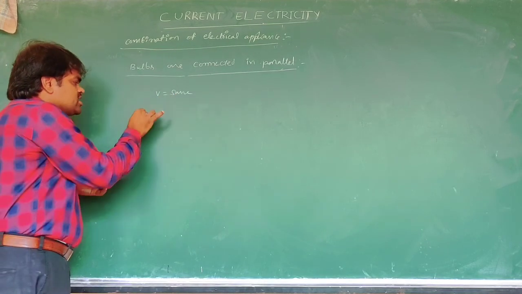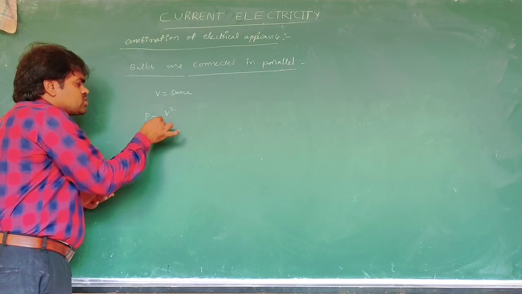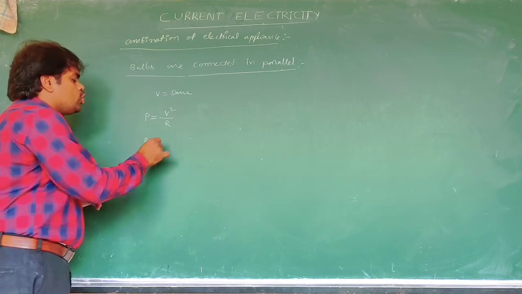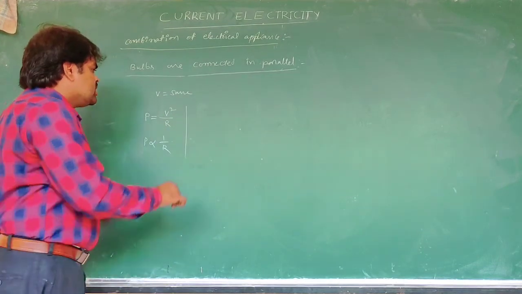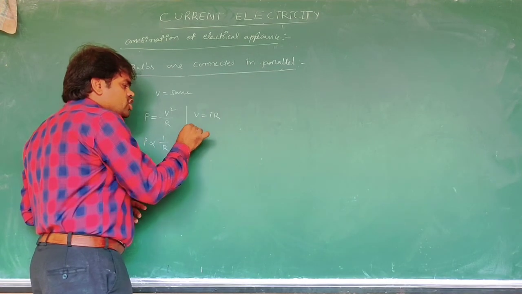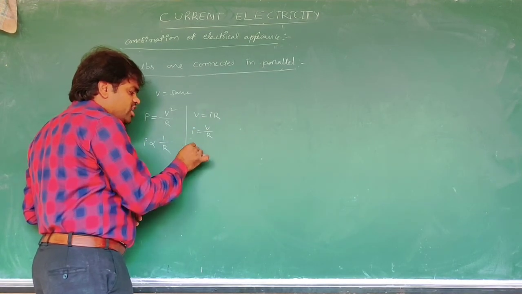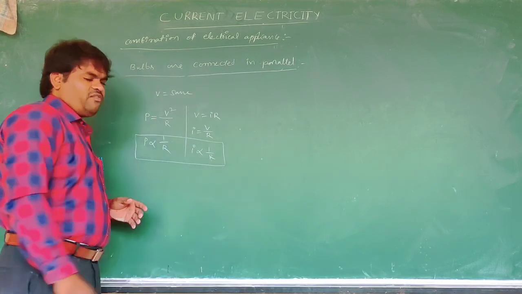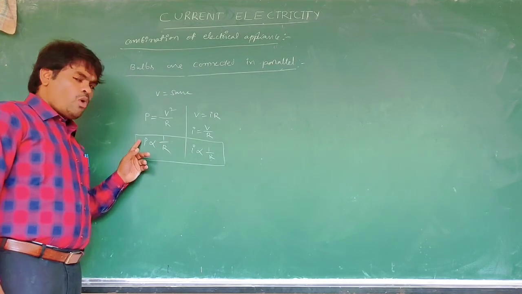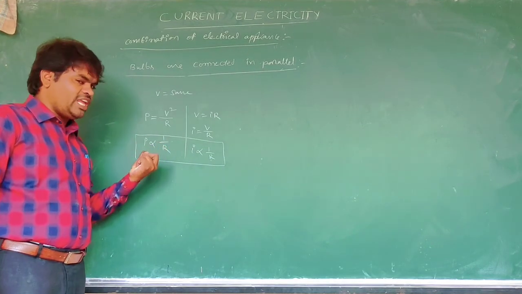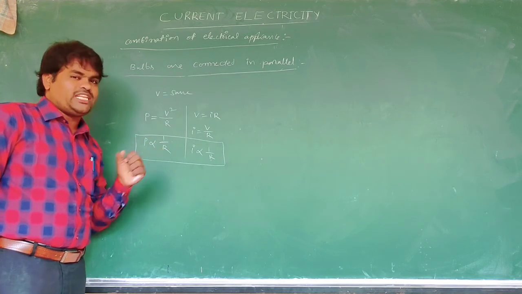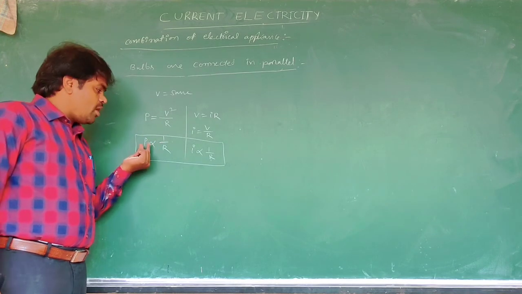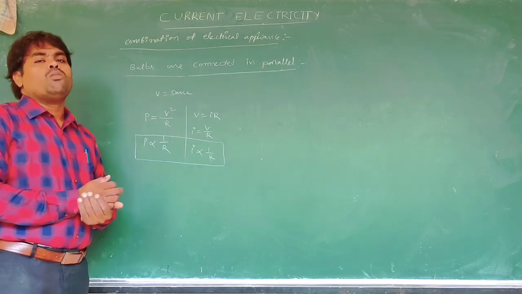Then the power dissipated P is equal to V square by R. That means P is proportional to 1 by R. Then V is equal to IR, I is equal to V by R, then I is proportional to 1 by R. That means in the parallel combination of electrical appliances, the power and the current consumed will be more for a smaller resistance. That is inversely proportional. The resistance will be small, the power and the current consumption will be more.